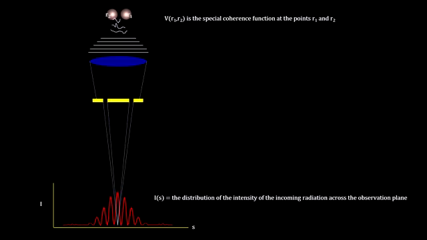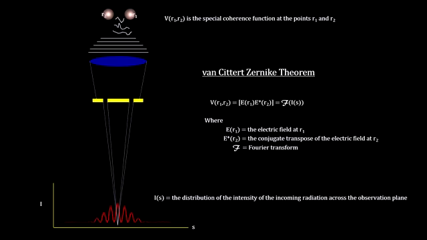See how the amount the image fades is greater the further apart the two stars are. The math involved was developed independently by Dutch physicists P. H. van Sittert in 1934 and F. Zernike in 1939. It's known as the van Sittert-Zernike theorem.